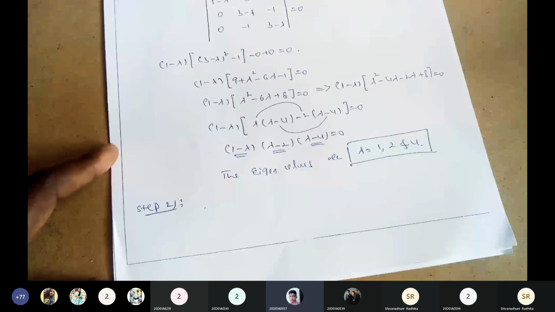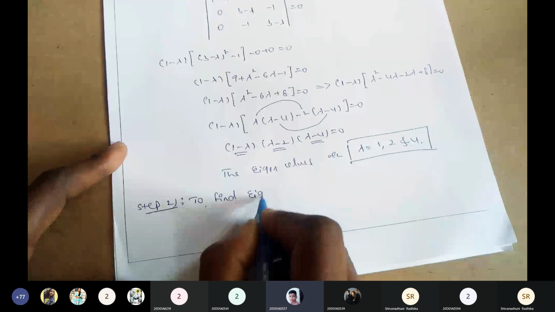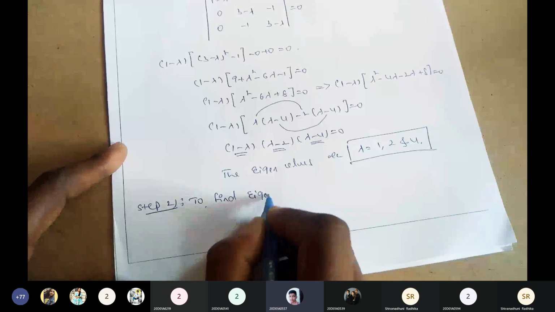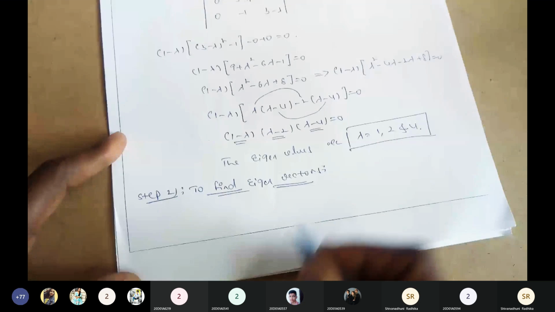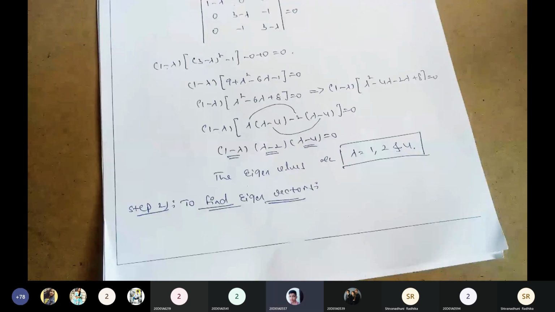To find eigenvectors corresponding to the eigenvalues, we have 3 eigenvalues. Now, first one, go for case 1 in step 2.